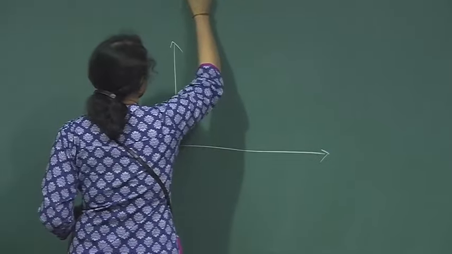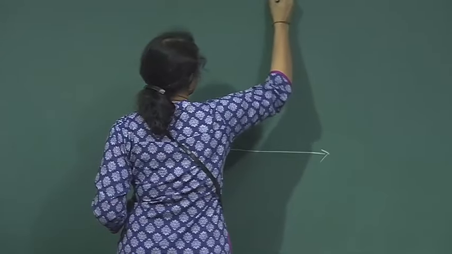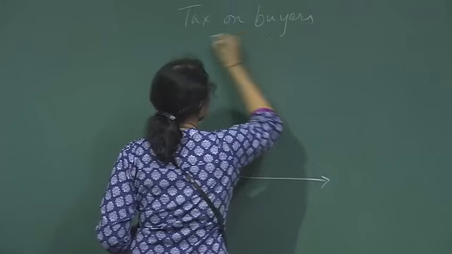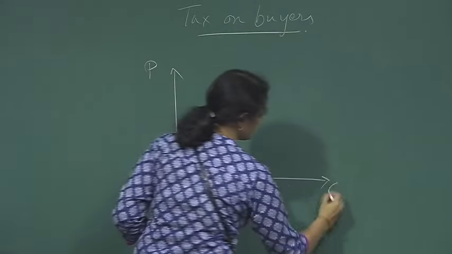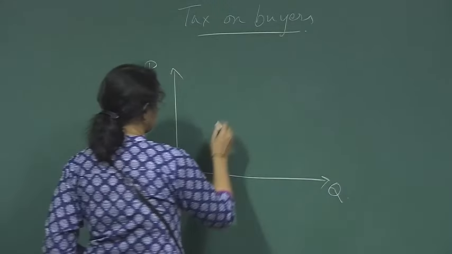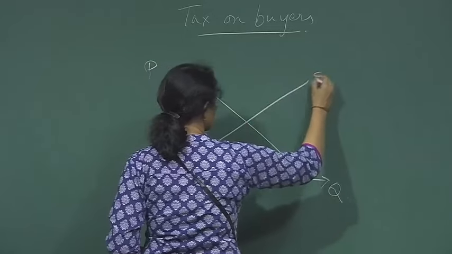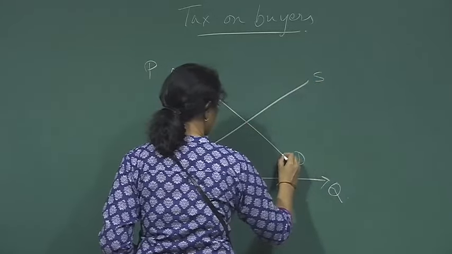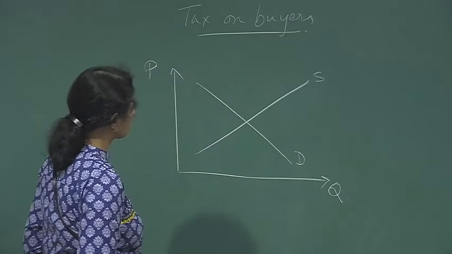We are talking about tax on buyers, and this is the usual demand supply framework. This is the demand curve, this is the supply curve.